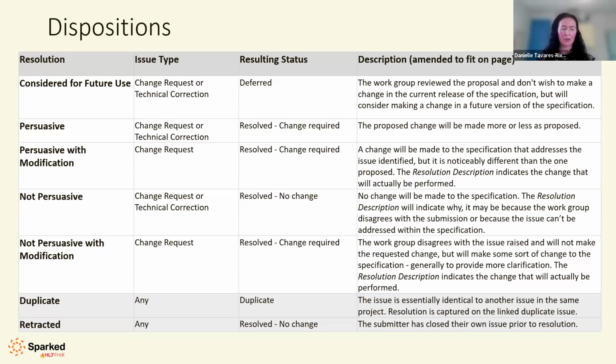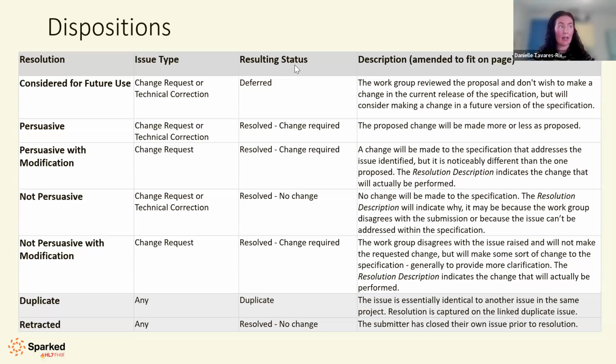And then the last couple that we might vote on are not persuasive and not persuasive with mod. So not persuasive is essentially that the technical design group has made the decision that no change is going to be made to this specification.